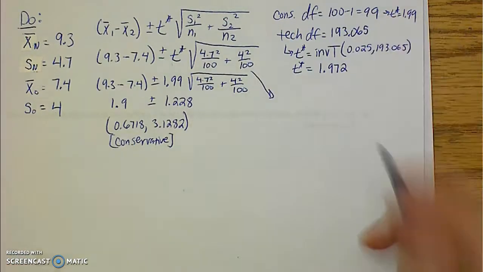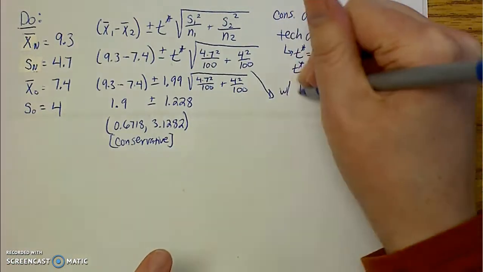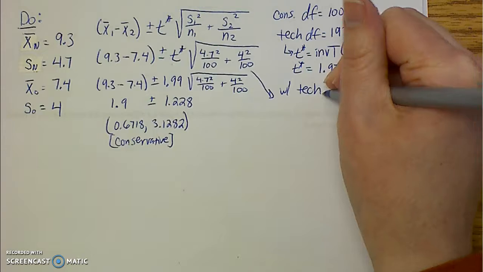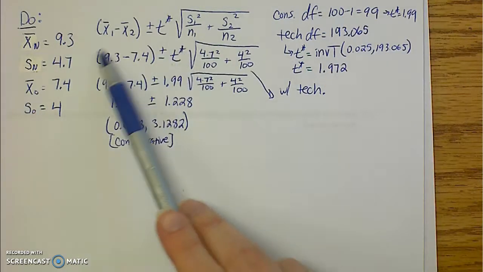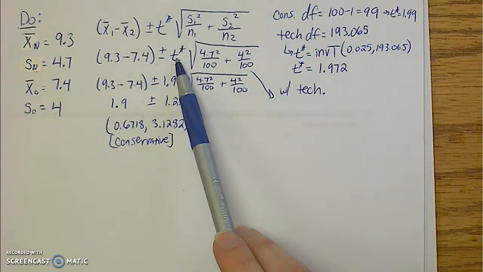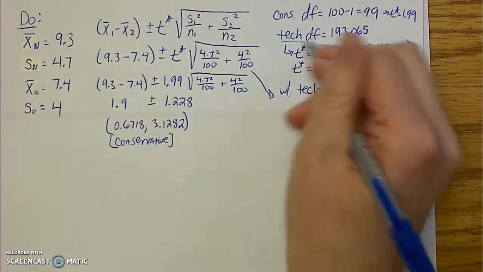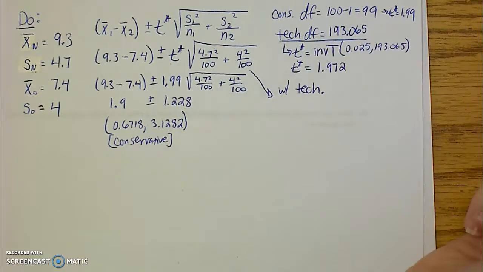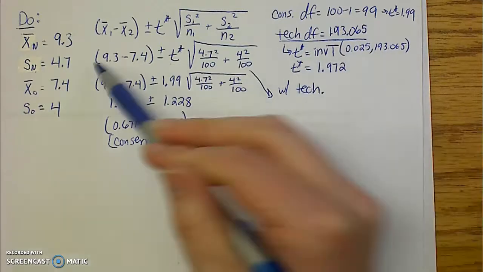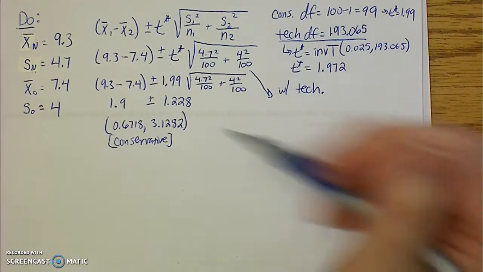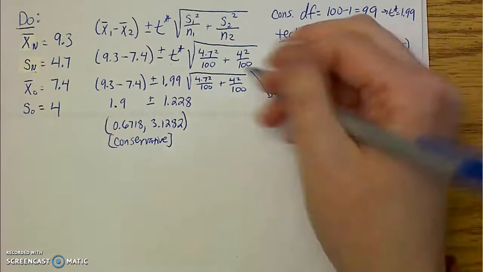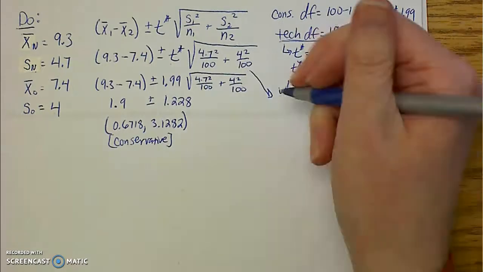So if I'm going this way, using it with technology, okay. If you're going to use it with technology, it's okay if you leave it as this without substituting this in, maybe until later, as long as you're specific about what degrees of freedom you used. So you need to either say this with this formula, or you can go the conservative route. Either one will be counted as correct. So if I want to substitute it in, I might as well.